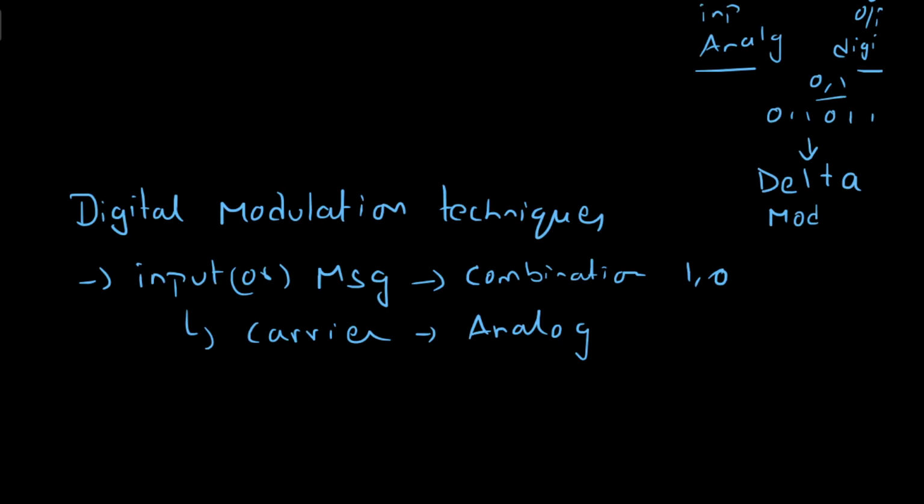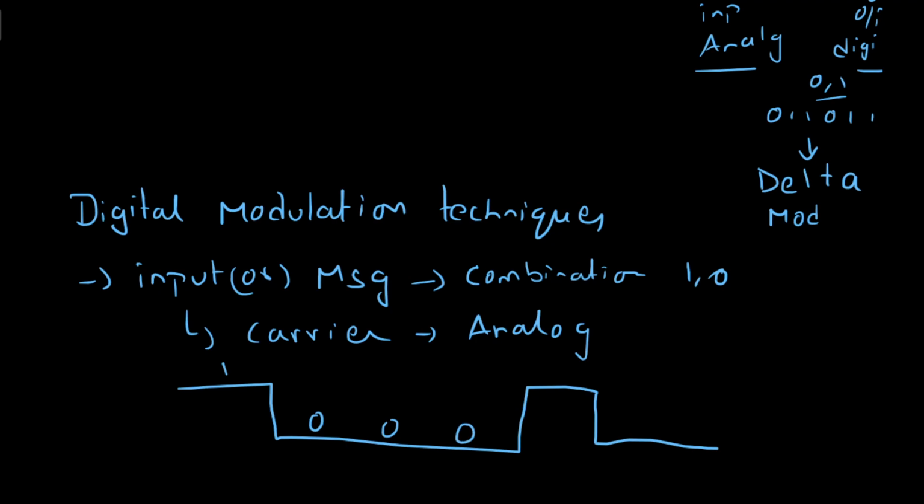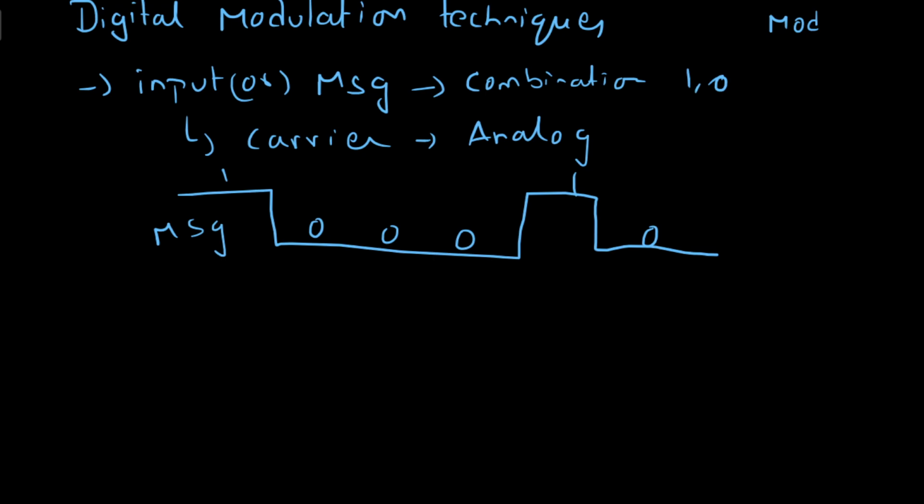For example, the input looks like 1 0 0 0 1 0. So this is our message. Now you want to modulate it by using a carrier, which is analog. Then this technique is called a digital modulation technique.